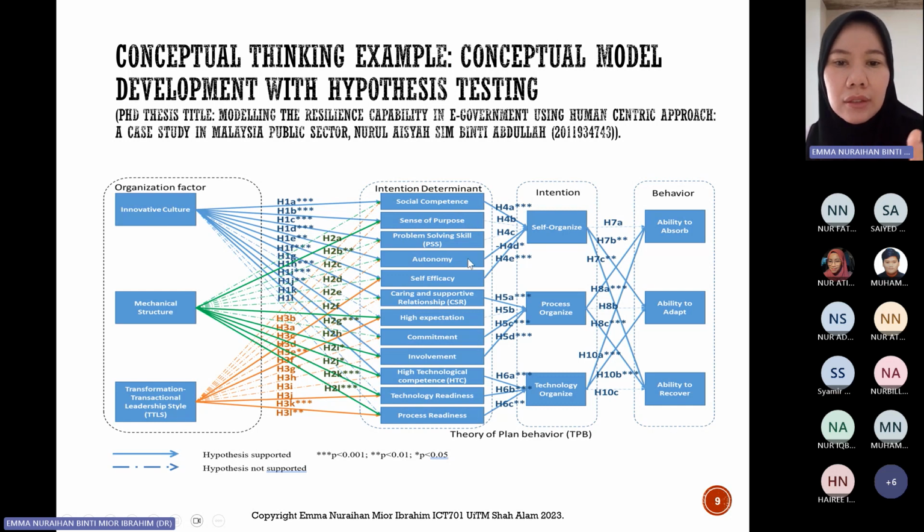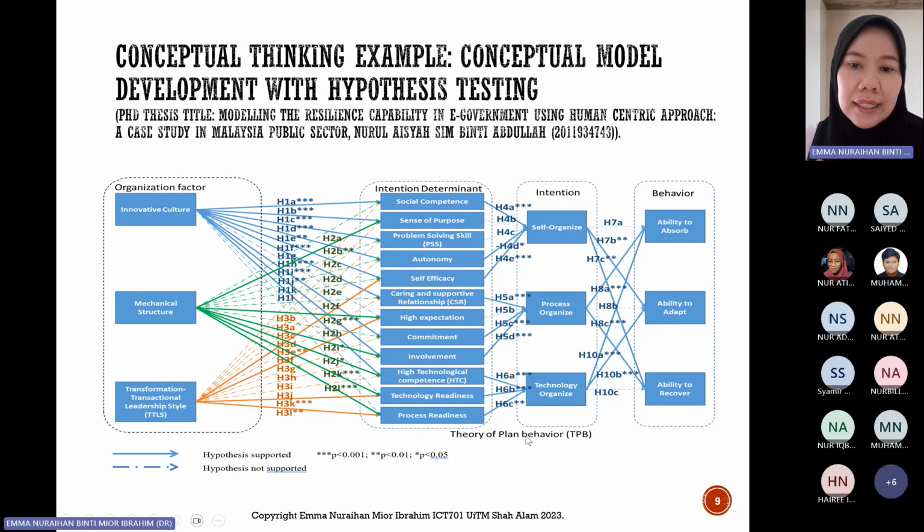Social competence dan macam-macam lah. Problem solving skills is also part of how data recovery plan can be effective. So di mana human centric approach dia? Dekat sini ya, behavior. So you see the concept formation tu, nampak ya? And then these are hypothesis yang dia nak prove tu. Memang complicated lah dia punya ni.